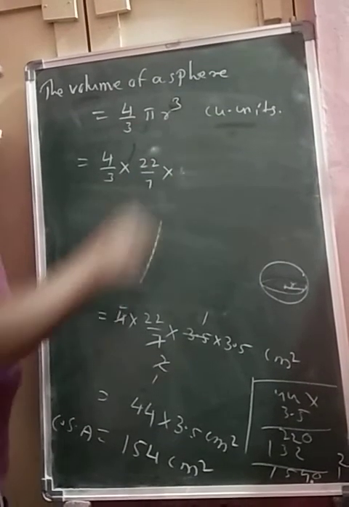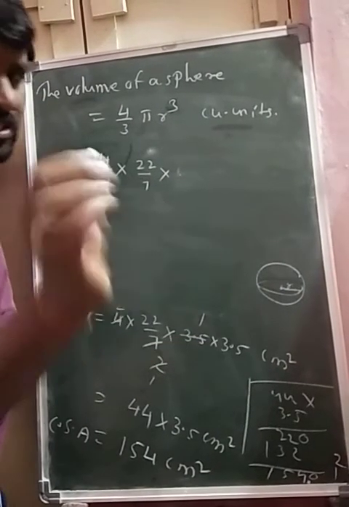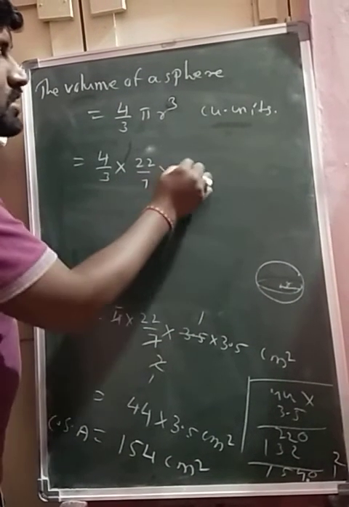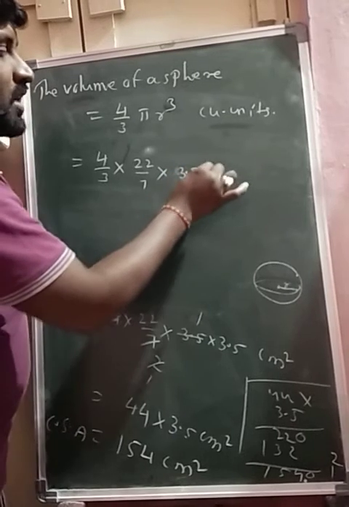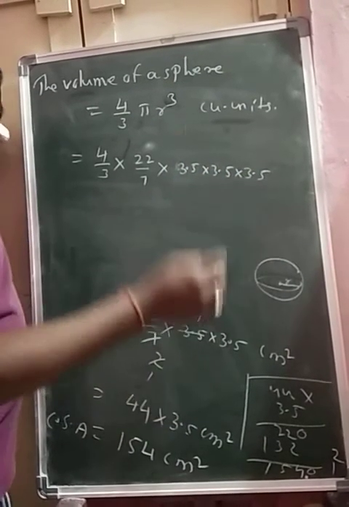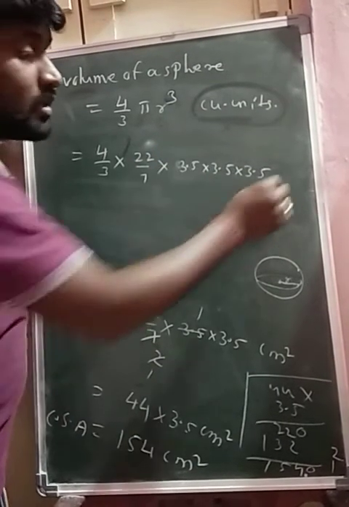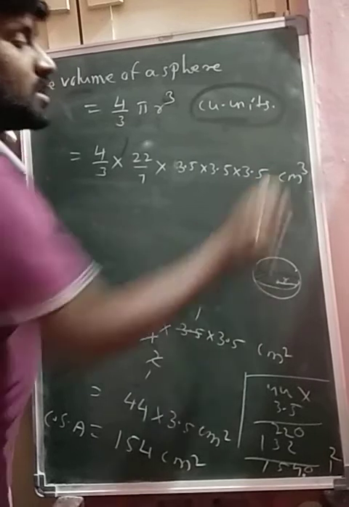Now r cube, the value of r is what? That is 3.5 centimeter. So r cube means 3.5 into 3.5 into 3.5. Volume is always in cubic units, the given unit is centimeter, so that is cubic centimeters.